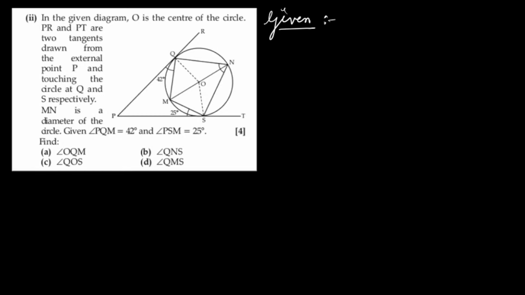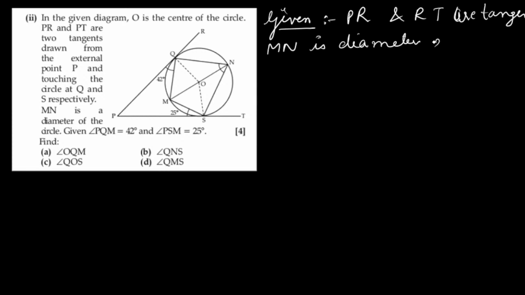MN is diameter. Whatever you feel will be of use, you can write those things. So I can write here, PR and PT are tangents. This is given to us, and this thing can help us. Then MN is diameter.